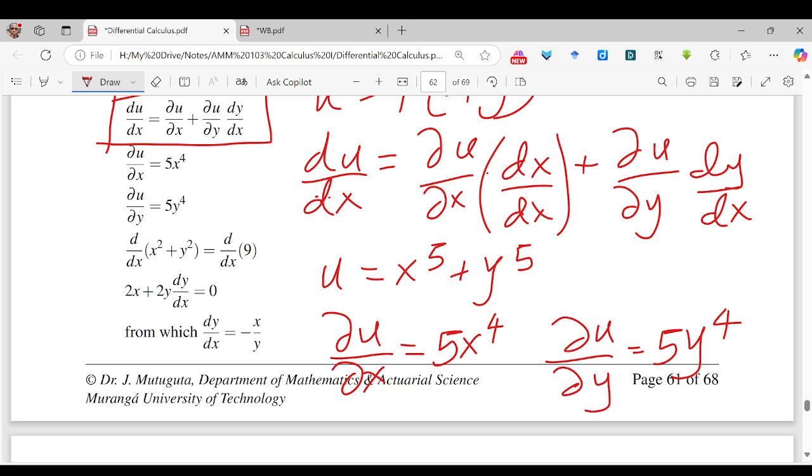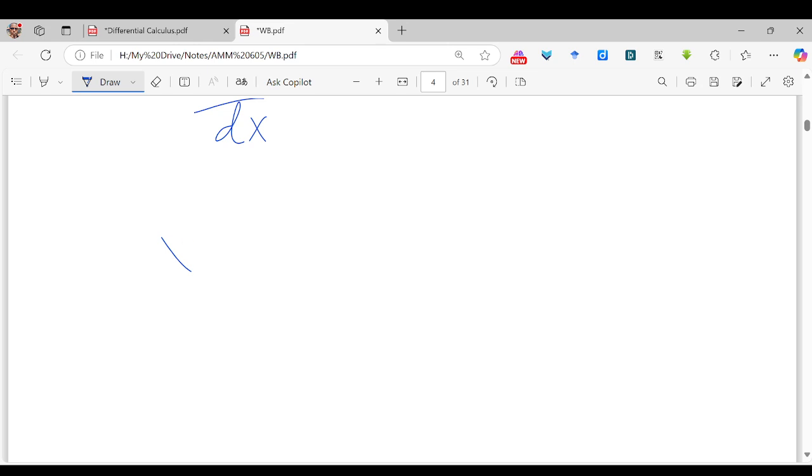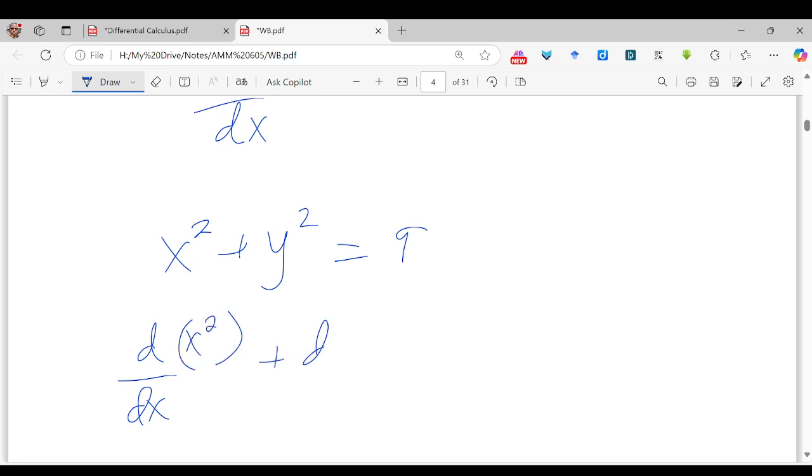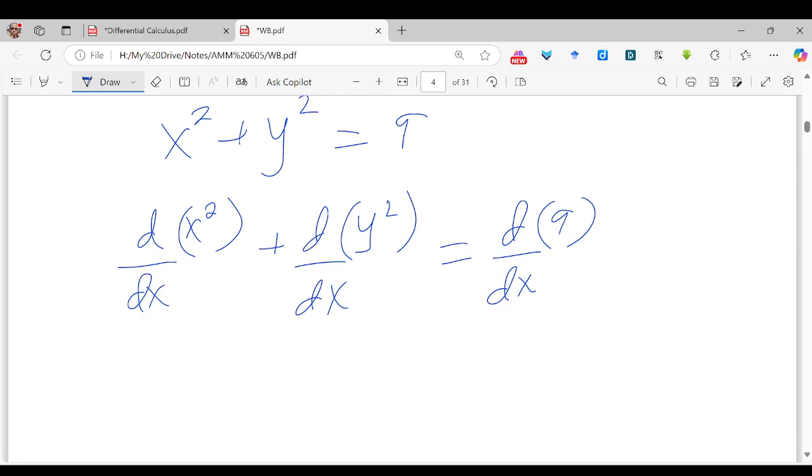Next, we want to find dy/dx. We are given that x squared plus y squared is equal to 9. So if we differentiate both sides with respect to x, these are not partial derivatives, so we are not assuming that y is a constant or x is a constant here.